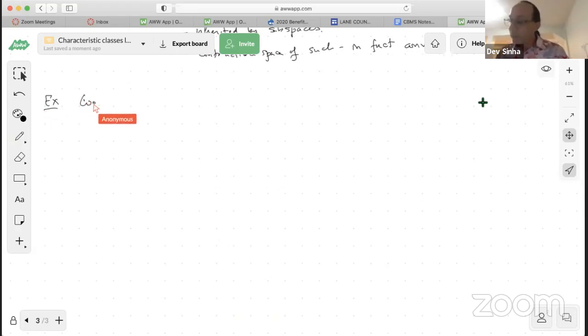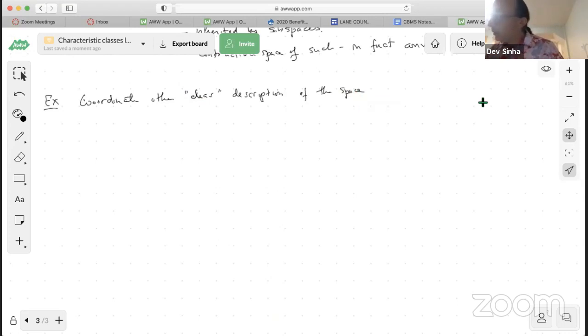Give some sort of coordinate or other clear, compelling description, in particular one where contractibility and convexity is clear, of the space of positive definite quadratic forms.